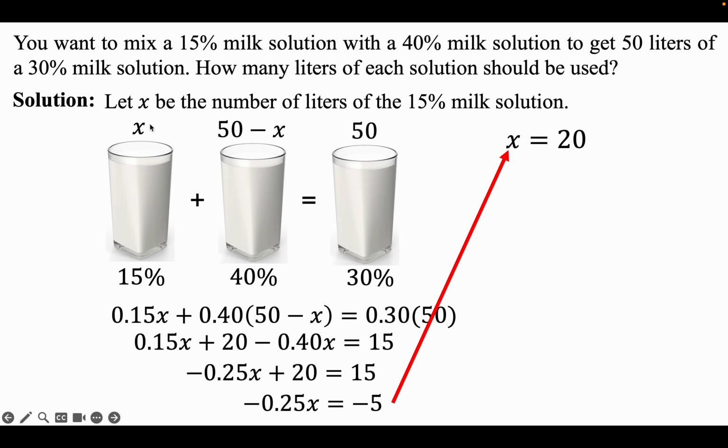Remember, x is the number of liters of that 15% milk solution. So we can say that we have 20 liters of 15% milk solution, and then 50 minus 20 would give you 30. So you have 30 liters of 40% milk solution. And of course, 30 plus 20 should give you the final volume, which is 50.